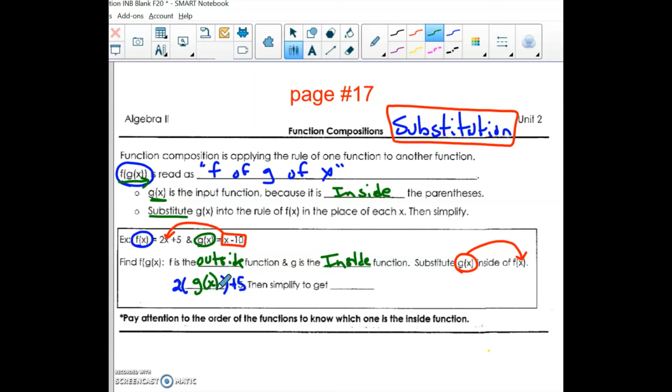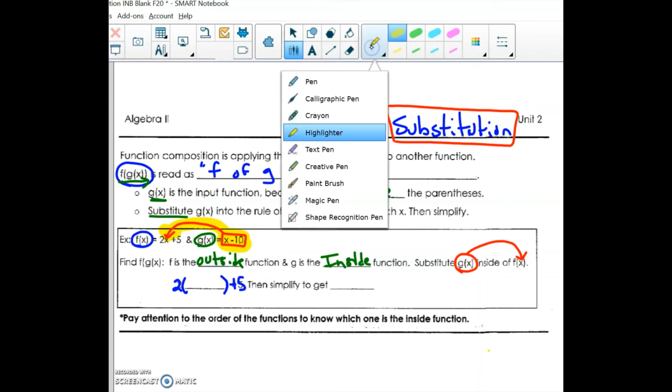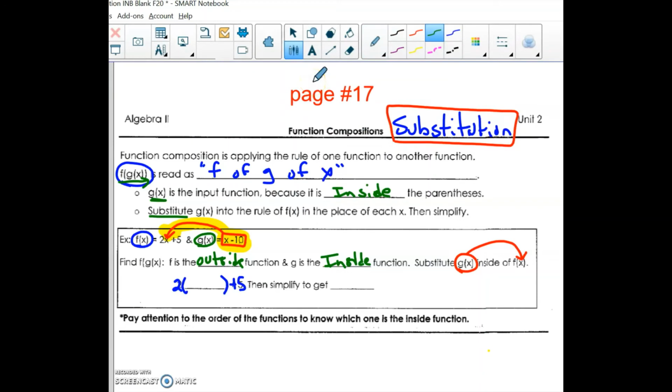So we're actually going to put it in there and get rid of that. Hopefully you see what I did here: I'm putting it inside of where the variable is. We're going to take the g function, which is x minus 10, and put it in the parentheses.